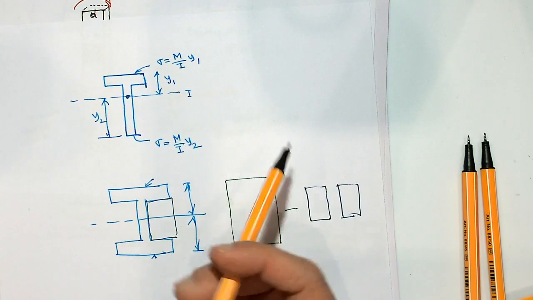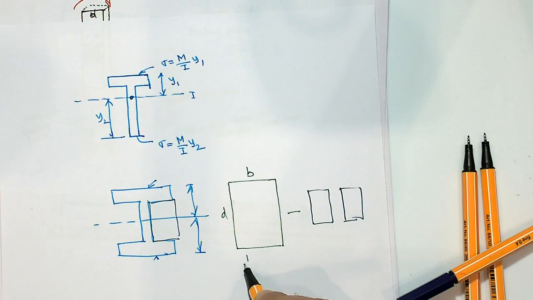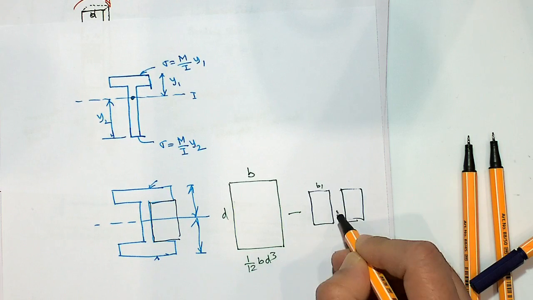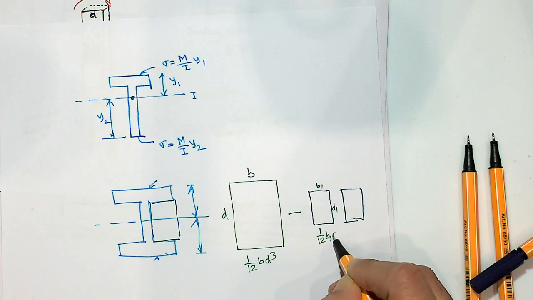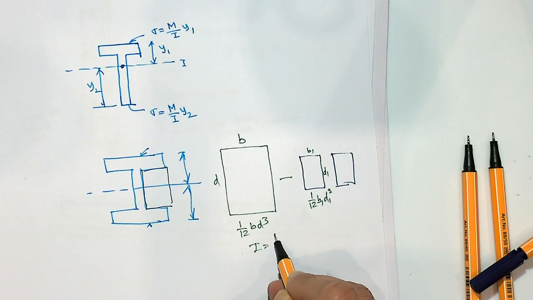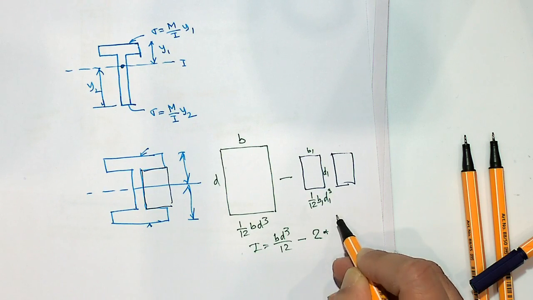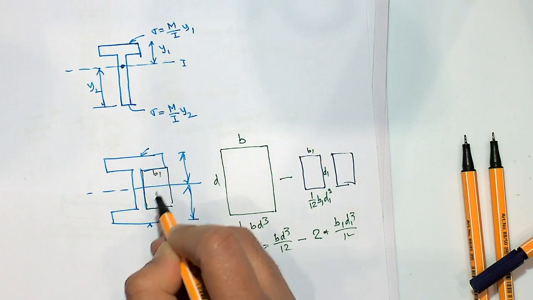So if this is B and this is D, you know this is 1/12 B D cube, and if this is B1 and that is D1, you know that is 1/12 B1 D1 cube. So the total I would be B D cube over 12 minus 2 times B1 D1 cube over 12, where this is B1 and that is D1.